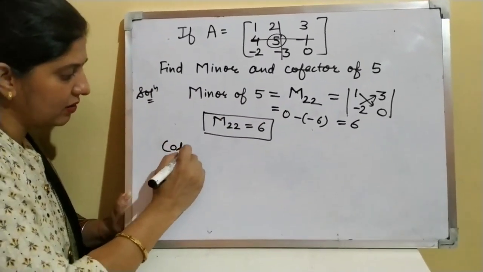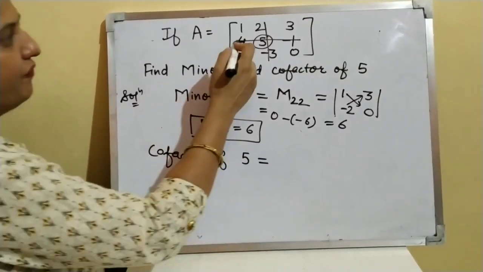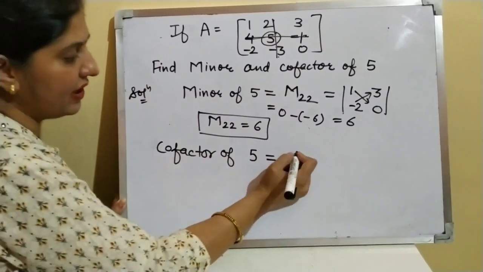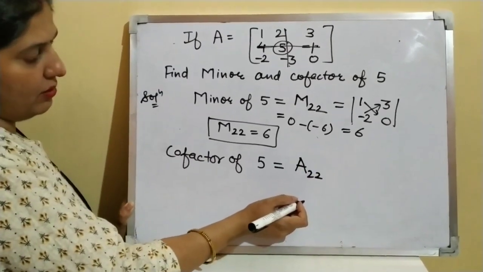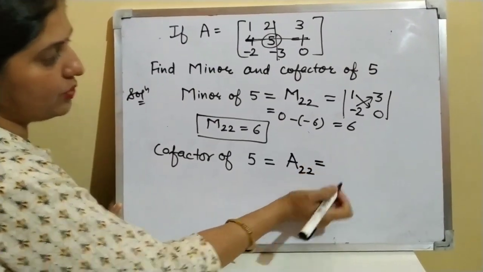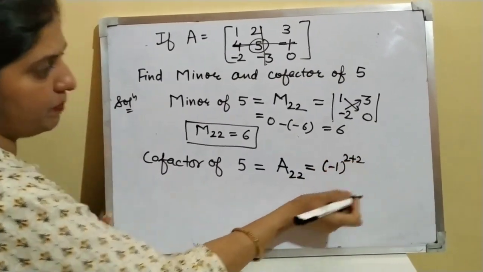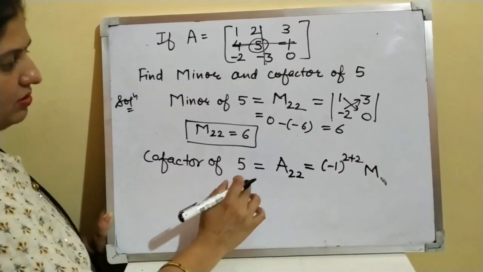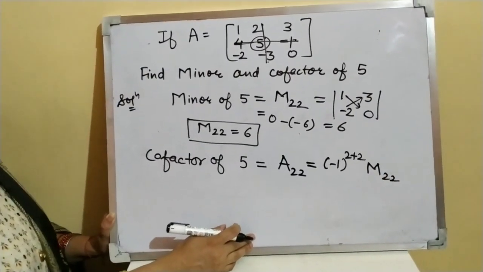Now we have to find cofactor of 5. Now 5 belongs to second row and second column, and for cofactor we use capital A and use 2, 2 here because 5 belongs to second row and second column. Now A22 is equal to minus 1 to the power sum of the suffix 2 plus 2 multiplied by minor of element 5, and minor of element 5 is denoted by M22.